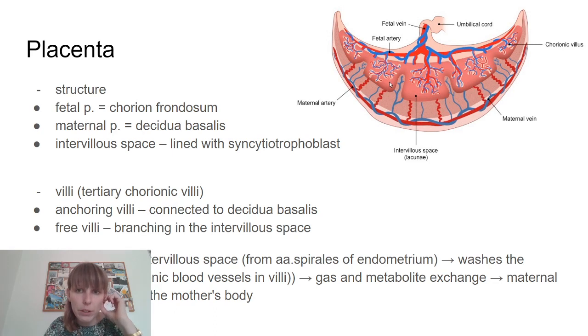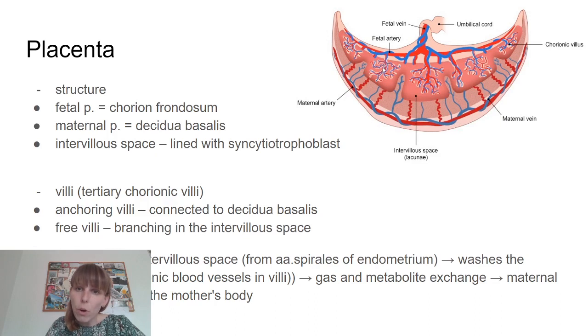So we already saw the cross sections of the different stages of villi, and they had the syncytiotrophoblast part of the chorion on the surface. And some of the villi will be called anchoring villi, and these will be the ones that are attached to the maternal part.